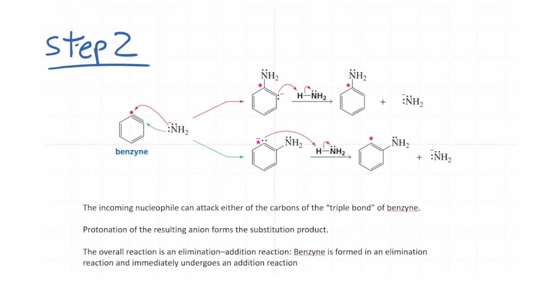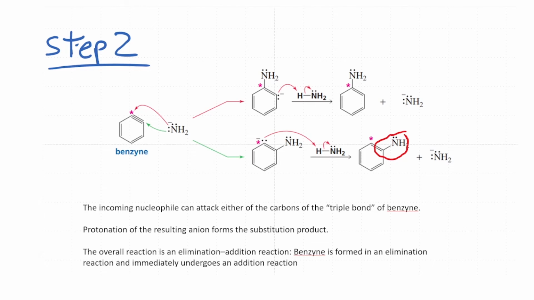But in the green case, where the amide can attack the other carbon of benzyne, that is this carbon, it is possible that the NH2 will end up on the carbon which does not have the C14 label. As we know, the overall reaction is an elimination-addition reaction, and since there is no particular preference for attack at one carbon over the other, what we see here is about a 50-50 mixture of the two products.